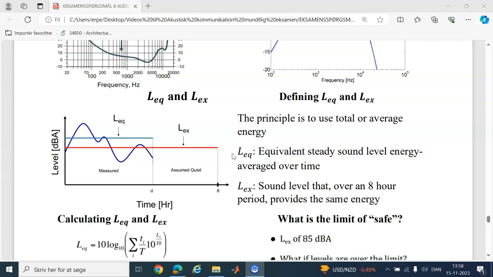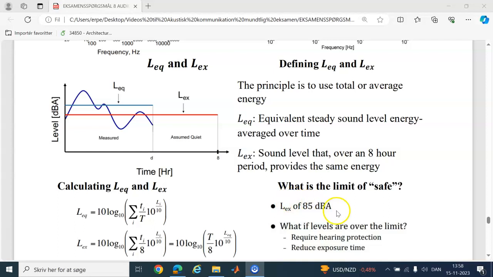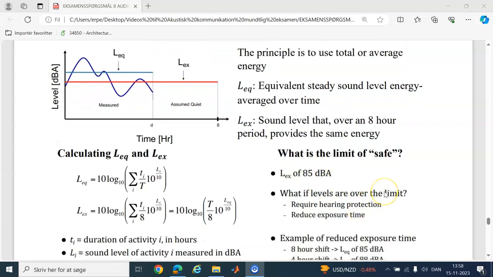LEX is the sound level that over an 8-hour period provides the same energy. What is the limit of safe? LEX about, we say it is 85 dBA.